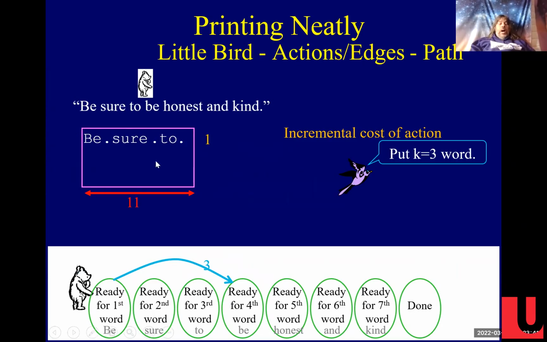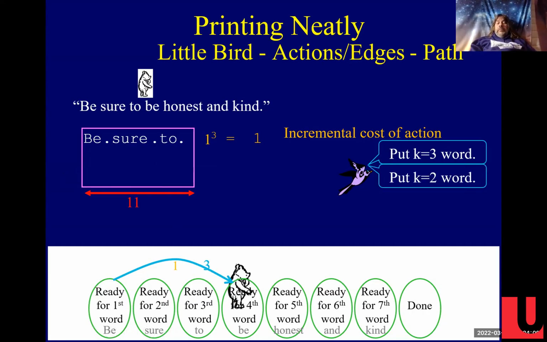The cost was, there's one space on the end of the line, so you cube that, and so we're going to label this edge with cost of 1, and he's going to travel along there to this state. And then the bird tells him to put 2 words on the next line, so he does it. He's ready for the word. He moved past be and honest.